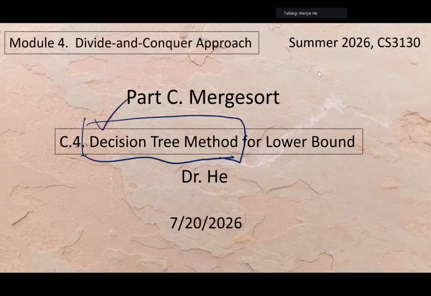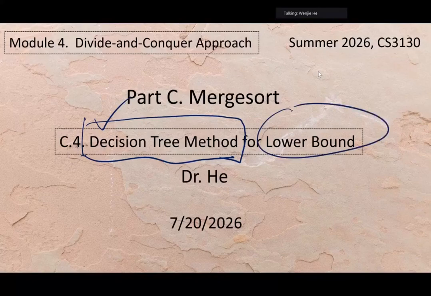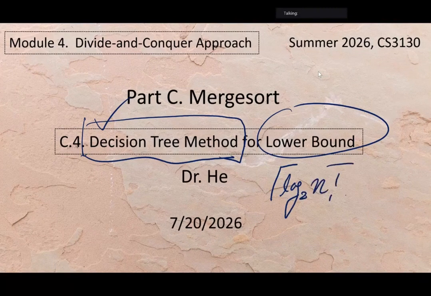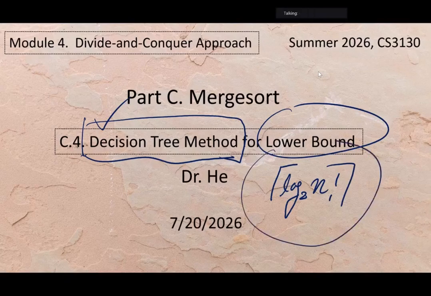A powerful method. For that lower bound formula, remember I gave you a lower bound for comparison-based sorts for n elements. That's the ceiling function of log base 2 of n factorial, this lower bound formula.